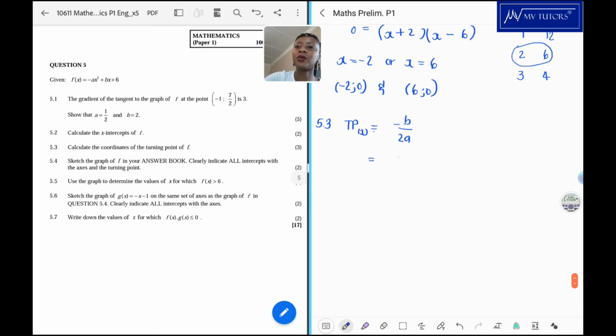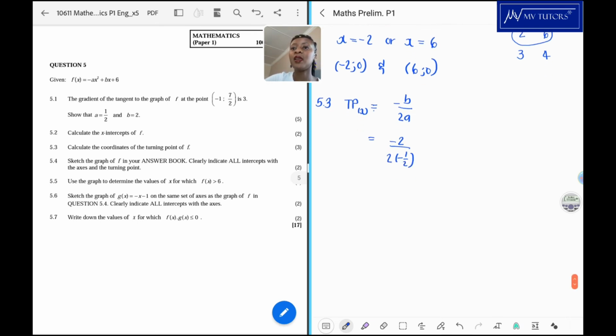So negative 2 over 2 times negative a half. Okay, and then what we have is 2 times negative a half is negative 1. Negative 2 divided by negative 1, I get positive 2.